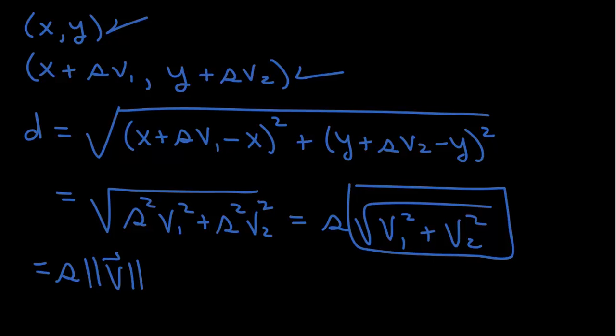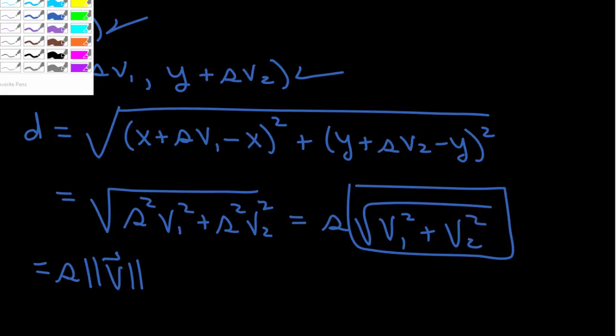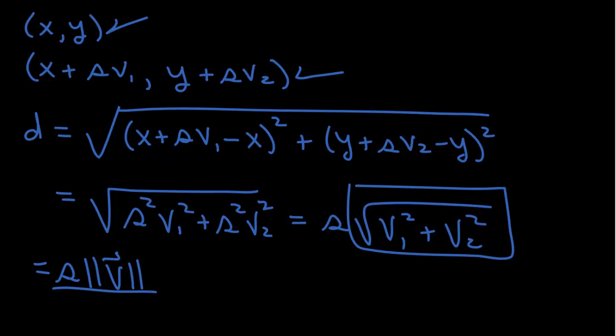Now, you see that this right here is a little more complicated than we would like it to be. Why don't we do this? Instead of just talking about a line parallel to a vector, let's say we're talking about a line parallel to a unit vector. Now, if we're talking about a line parallel to a unit vector, then the distance from (x, y) to this other point would be just s. And that would be nice.